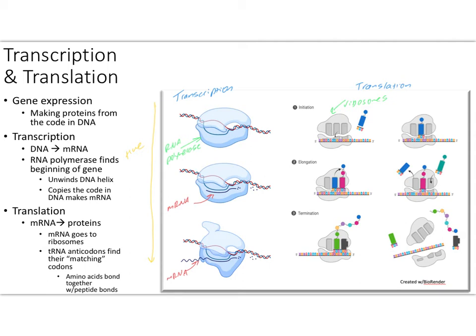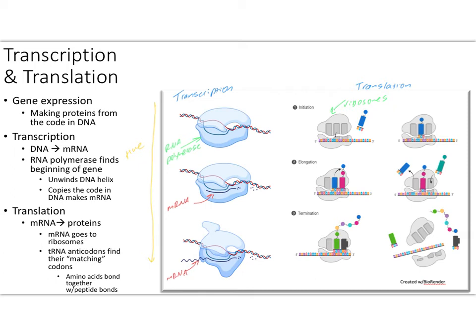Once the mRNA is there, the transfer RNAs or the tRNAs come over and start looking for their corresponding regions on the mRNA. So remember, mRNA is arranged in codons and tRNA has anticodons. And so during this process, the anticodon of the tRNA is essentially looking to figure out which codon of the mRNA it can match up to.